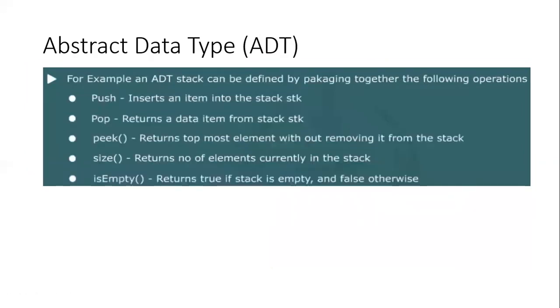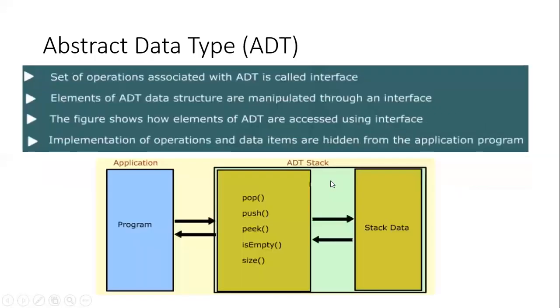For example, an abstract data type can be defined by packaging together the following operations: push inserts an item into the stack, pop removes an item from the stack, peek returns the topmost element without removing it from the stack, size returns the number of elements currently in the stack, and is empty returns true if the stack is empty and false otherwise.